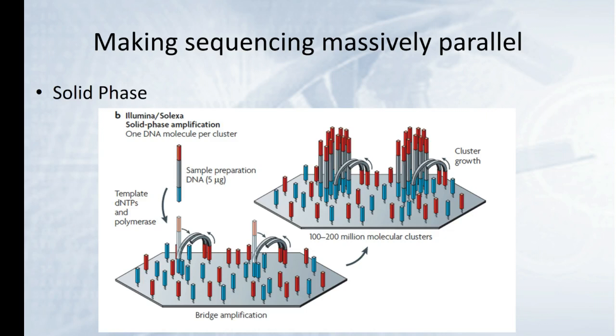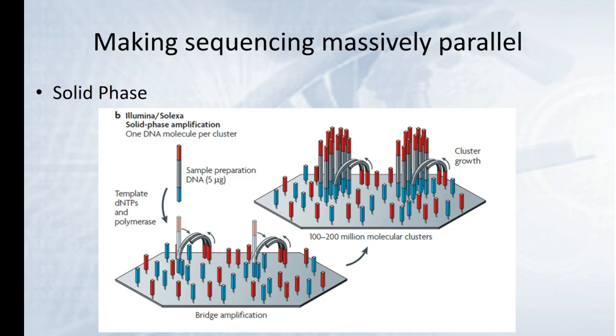Because we're not going to sequence a single molecule, we're going to make thousands and thousands of copies of that molecule that are identical to it. Okay, and this is done on the glass, and it's basically a PCR reaction, but it's interesting to see what happens in a PCR reaction when the primers are attached to glass.